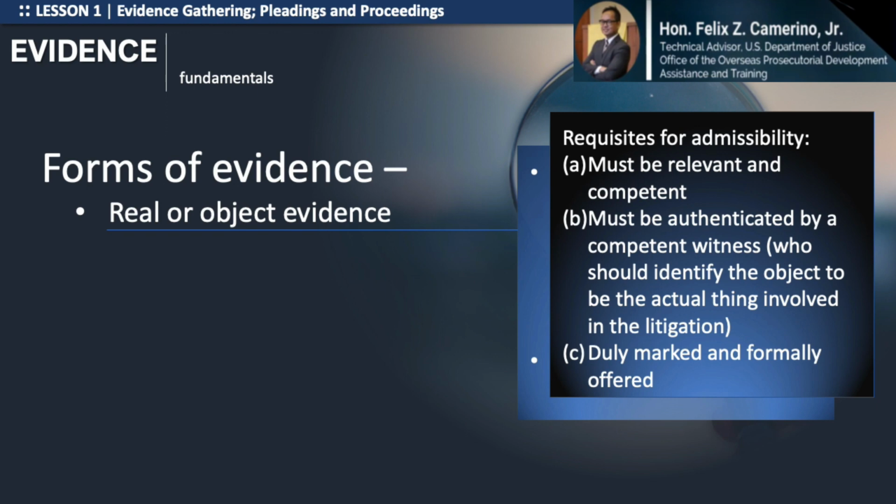What that is referring to is a testimonial sponsor, somebody that can testify that that is the object, the actual thing involved in the litigation. Their testimony aims to identify the object and to say that it is the actual thing that's involved in the litigation. So that's a second requisite for admissibility, that it must be authenticated by a competent person.